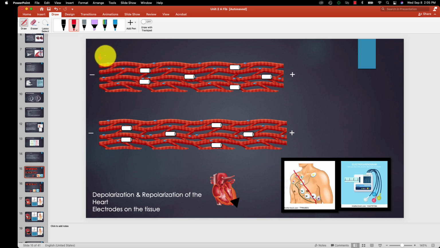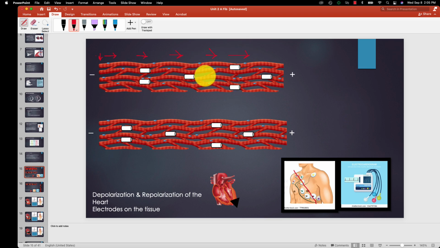And what's going to happen now is this tissue is going to be flooded with positive ions, and it's all going to become positive, right? So I'm going to draw a line like this, arrow, arrow, depolarization is happening, the propagation is happening, those calcium and potassium ions are traveling through here, right?